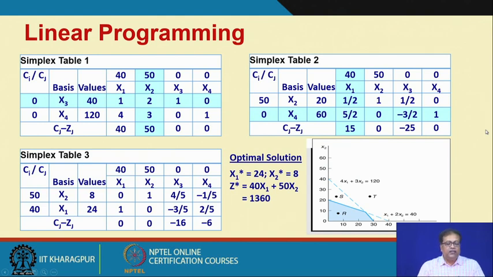For the remaining rows, there is a simple formula. What is that formula? This 120 will become 120 minus 40 into 3 divided by 2. Is it all right? So, you just look at these highlighted areas. So, 120 minus 40 into 3 by 2, that is 60. So, that is how this 60 is filled up.